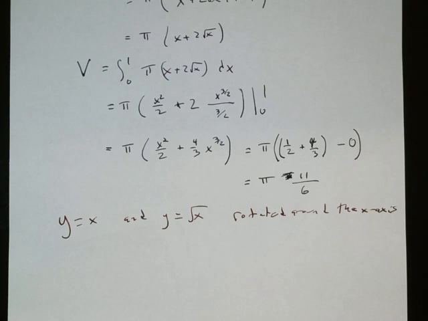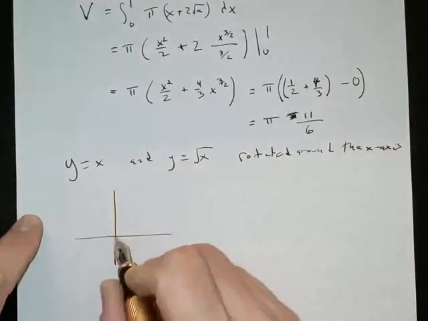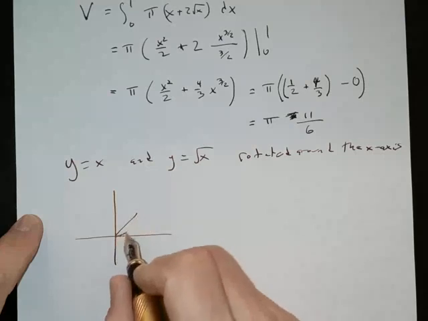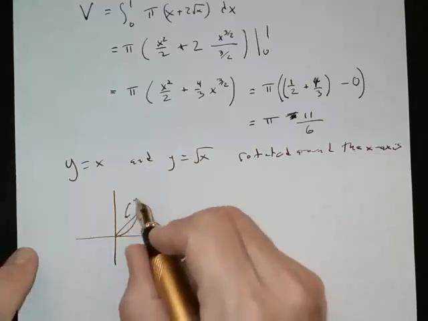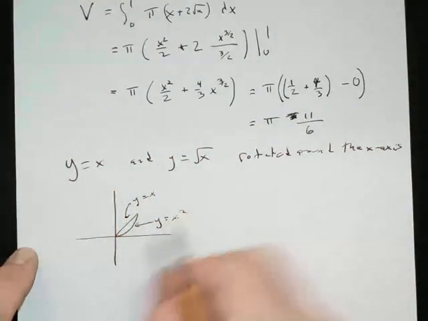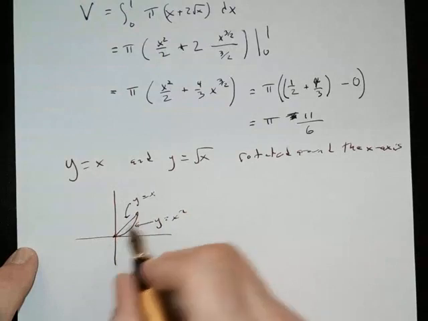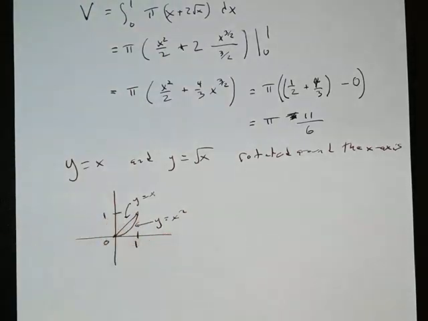It's been a while. The straight line, y equals x, and the parabola, y equals x squared, but they meet at 0, 0, and 1, 1.